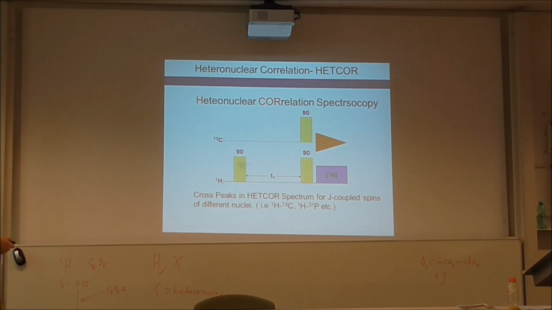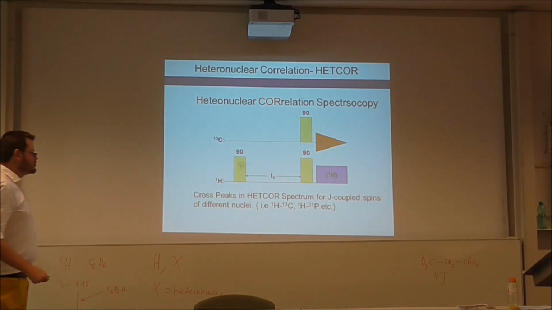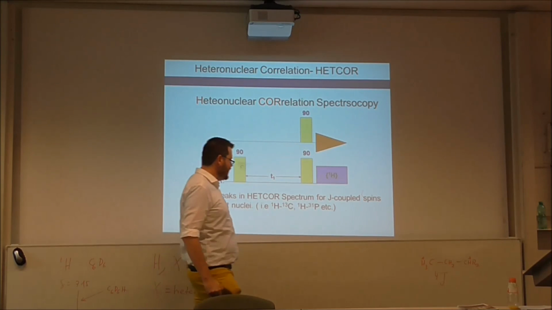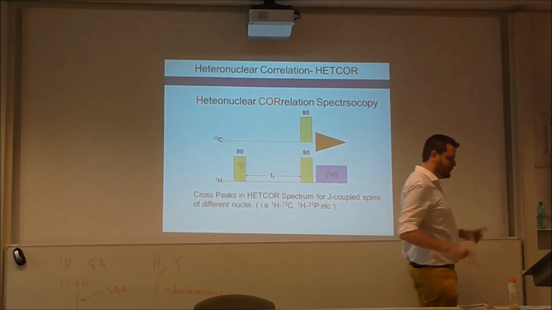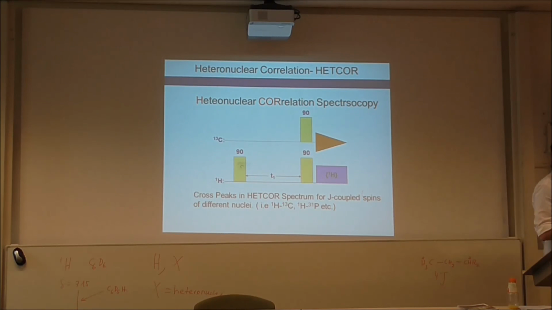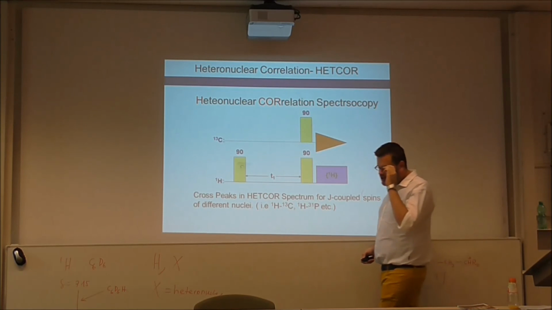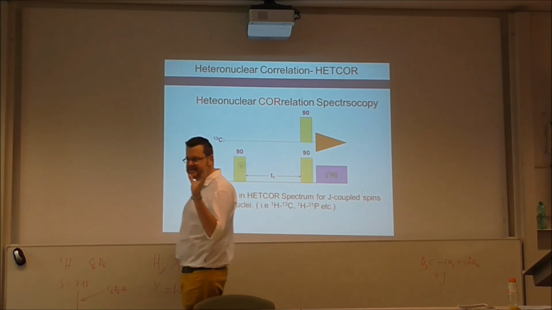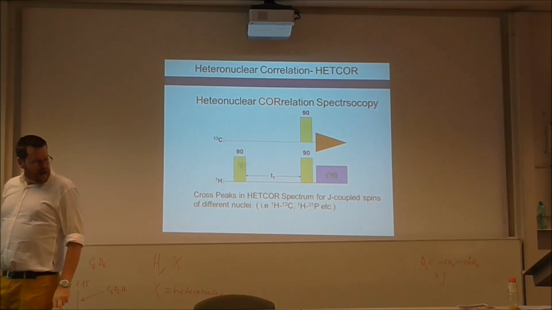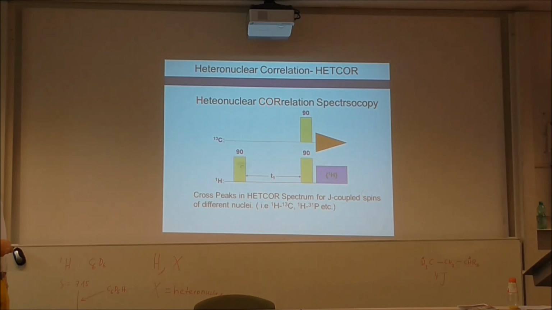I didn't think about that. This is the pulse sequence for a heteronuclear correlation spectrum, in this case an HC COSY. Traditionally, when this started, they called it HETCOR. That's the old-fashioned abbreviation from the 80s, right? And this is the original pulse sequence for a HETCOR.